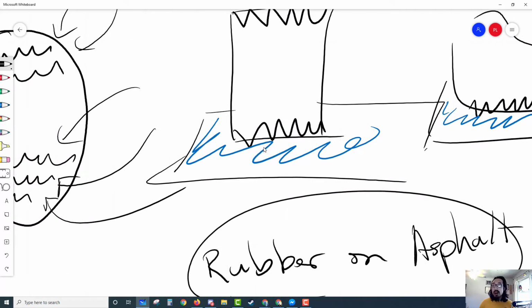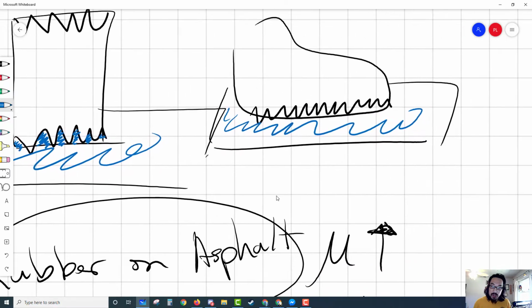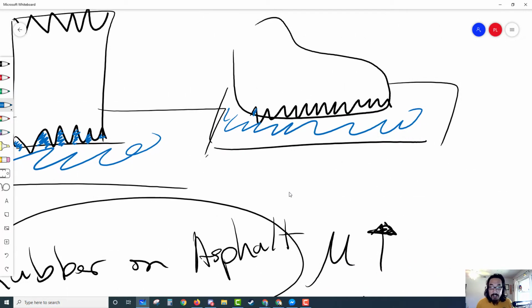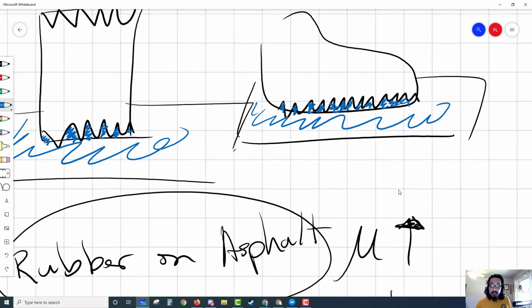If your tires drive on top of the water, these ridges are designed so that the water fills in those ridges so that the tire can still make contact with the surface. Same here. It fills in those ridges so that when you're stepping down, you're stepping down on the actual surface and not on water.